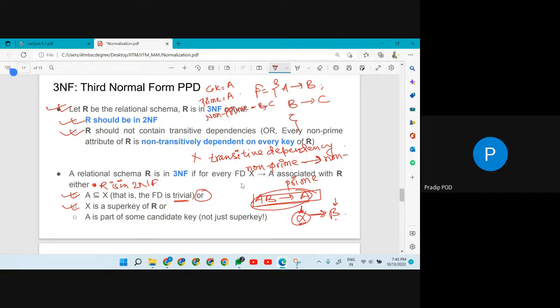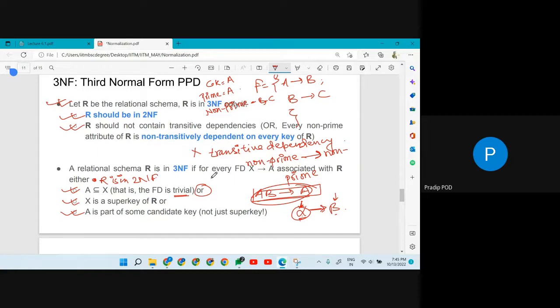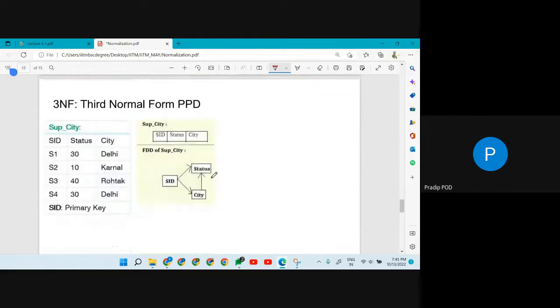So if the left hand side is a super key or the beta side is a prime attribute, then you can say that it is in the third normal form, right? So we will see what is the problem in the second normal form. That's why we go for the third normal form.